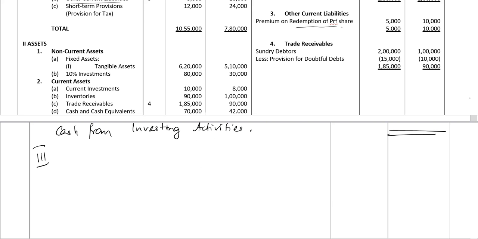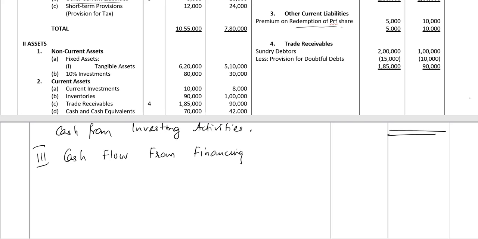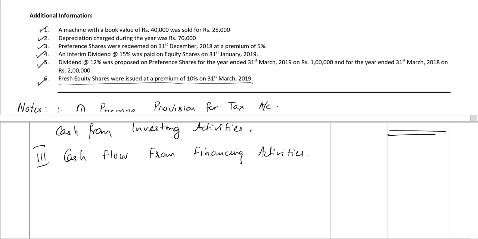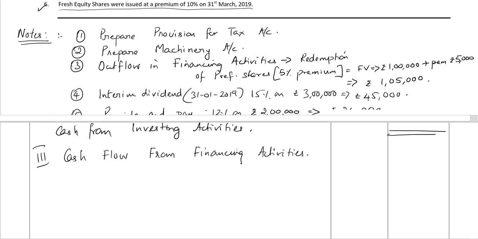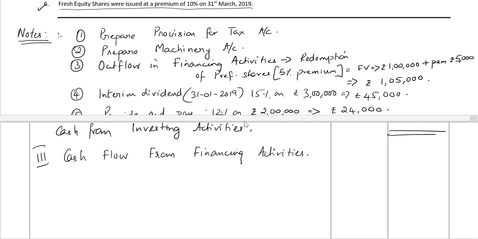Cash flow from financing activities. We'll refer to the notes that we've made. There's a redemption of preference shares. Total outflow 1,05,000 rupees.